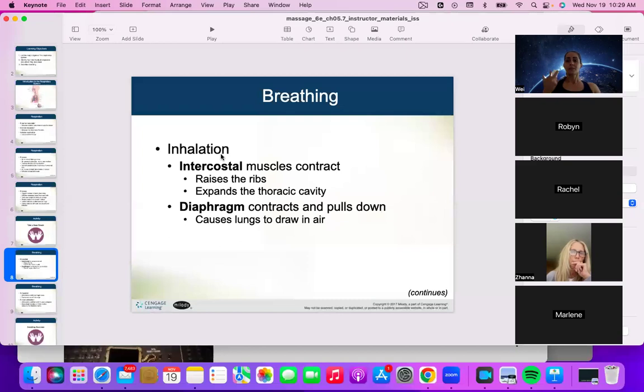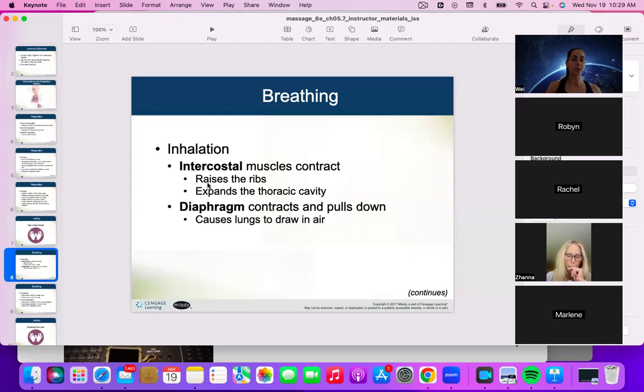As the inhalation happens, the muscles contract. We lift up the rib cage, okay? We expand the thoracic cavity, which holds the lungs, okay? As we inhale, it raises the ribs and expands the cavity.